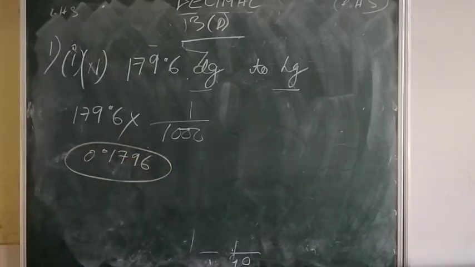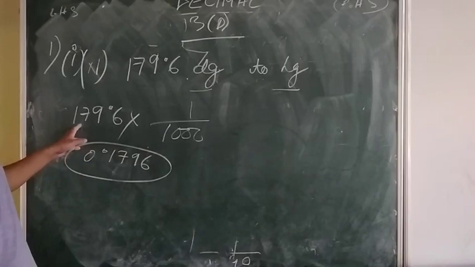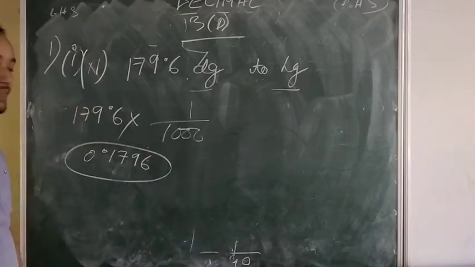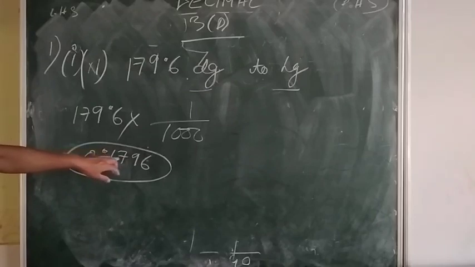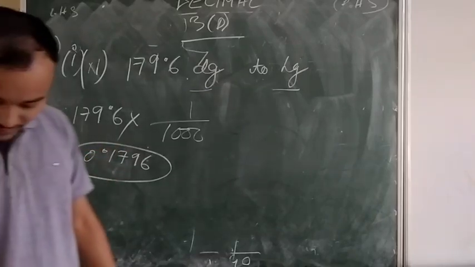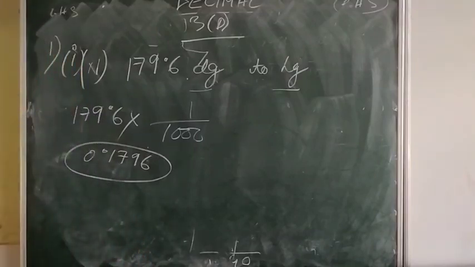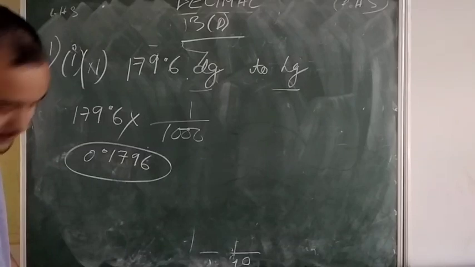You check the book. In the book the answer is misprinted actually. It should be 0.1796, and in the book it is given 1.796. Okay, fine, you check this.